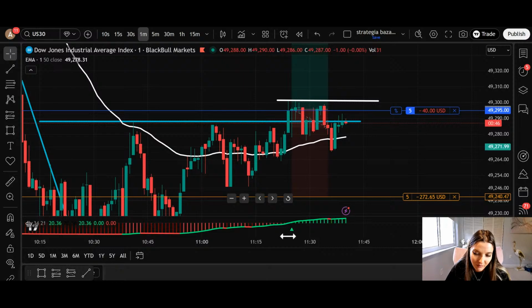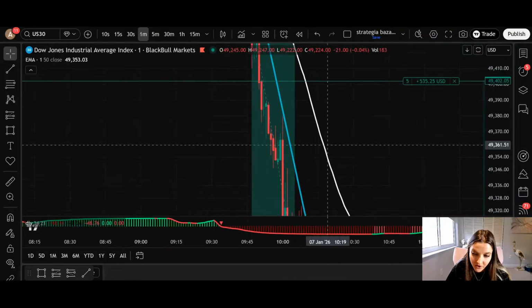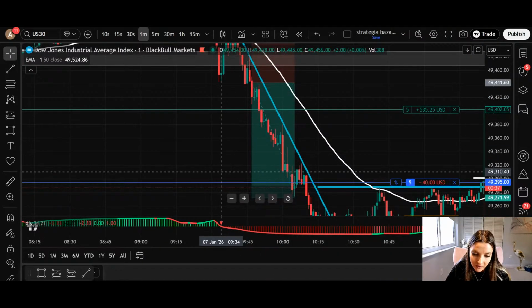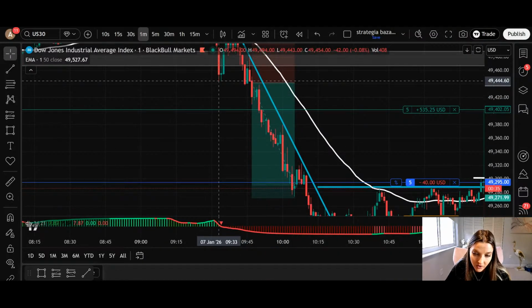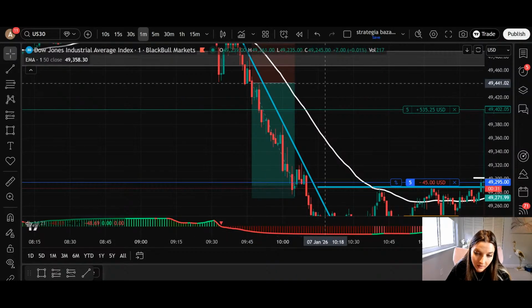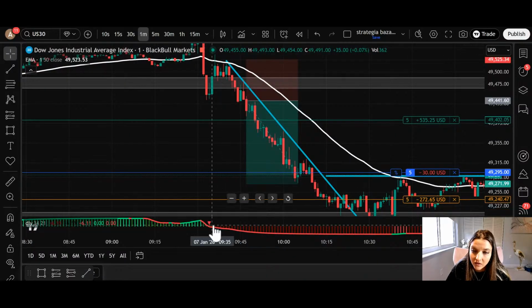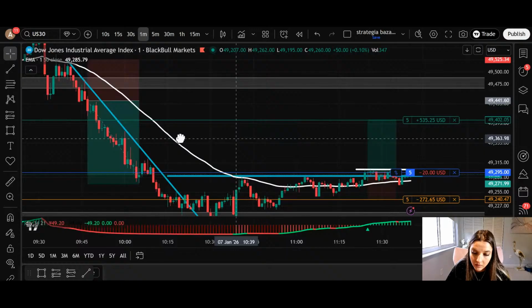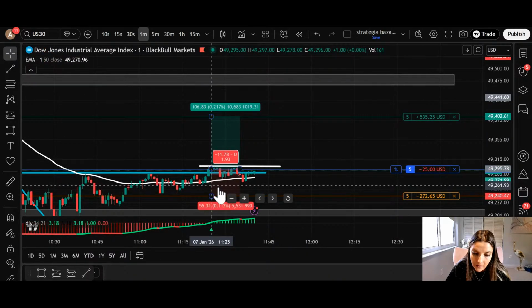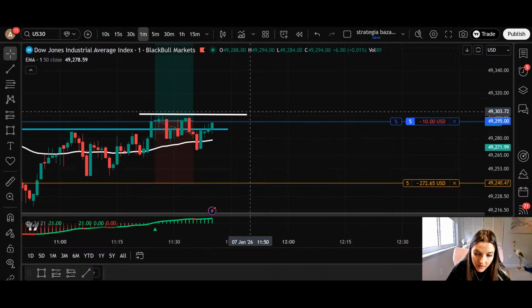I didn't even know, but my entry matches this arrow. If it matches, that's crazy. My entry did match this arrow, but it's after it passed it, you see? It's not this one. I think when it's the arrow, you have to wait for it to pass that.